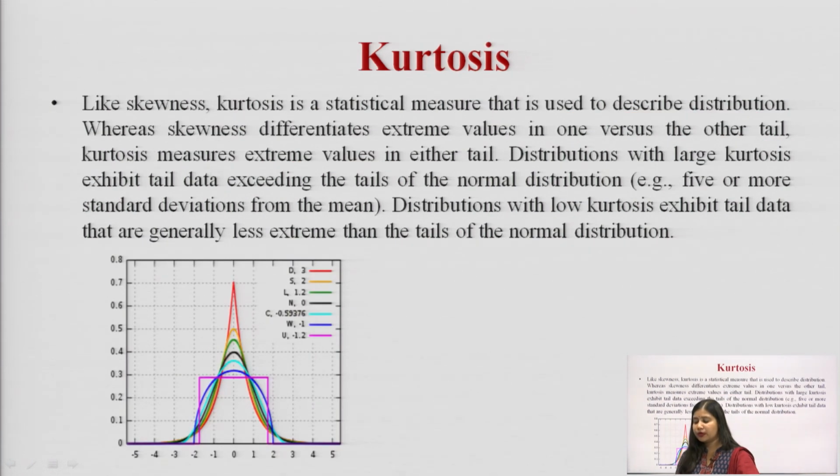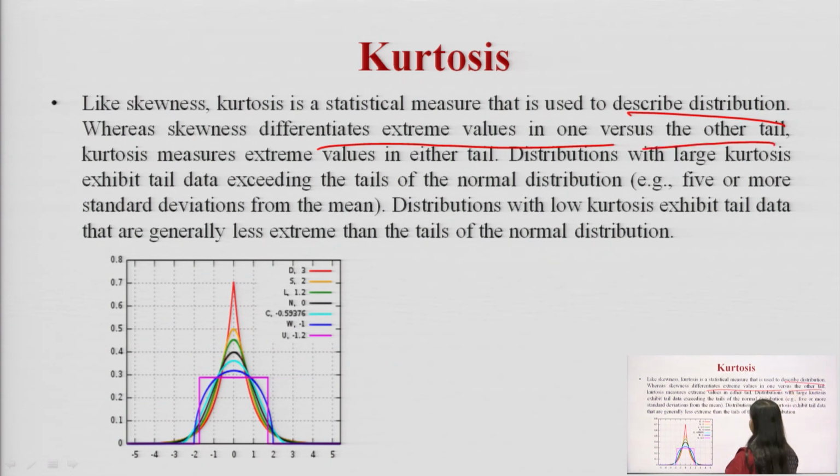Next is kurtosis. Kurtosis describes the distribution in terms of extreme values in one tail versus the other tail.